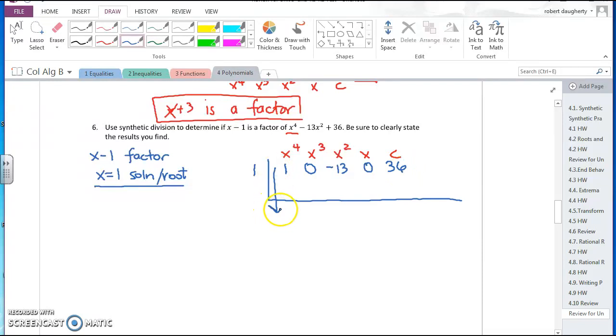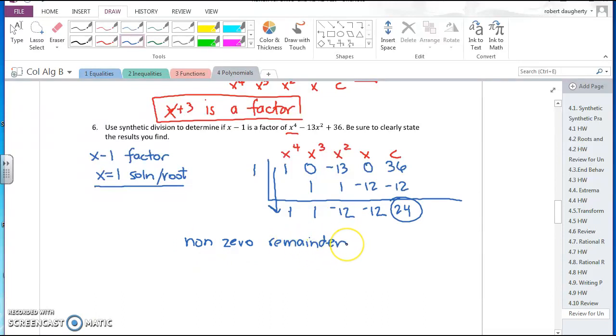So if I bring down this first number, 1 times 1 is 1, add to get 1, 1 times 1 is 1, add to get negative 12, 1 times negative 12 is negative 12, and then 1 times negative 12, add that to get 24. So I have a non-zero remainder. That means that x minus 1 is not a factor.